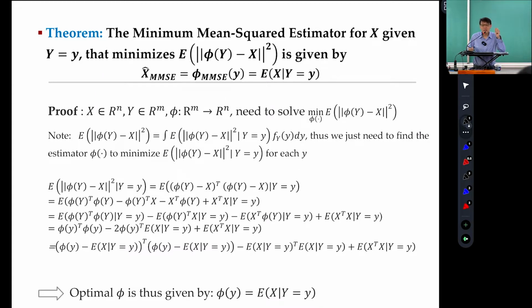The best mean squared estimator, the one that minimizes this mean squared error, is given by the conditional expectation. Let me repeat. The minimum mean squared error estimator is given by the conditional expectation.